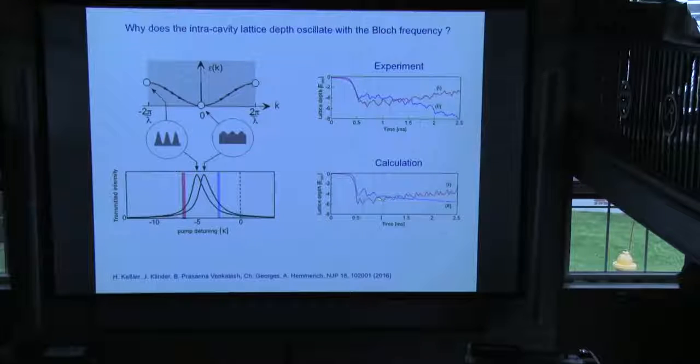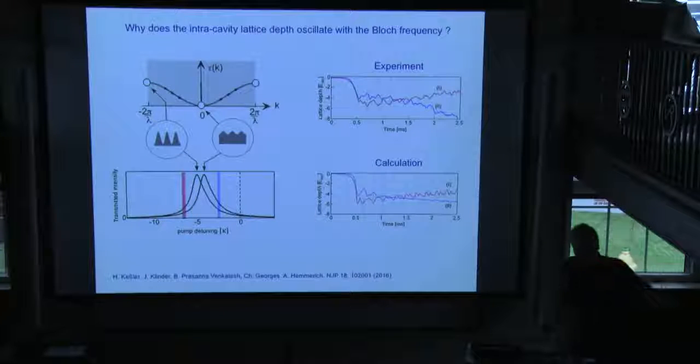And this is the calculation along with that. You also see that high harmonics are getting important here, and you can sort of dream that this is not completely random.